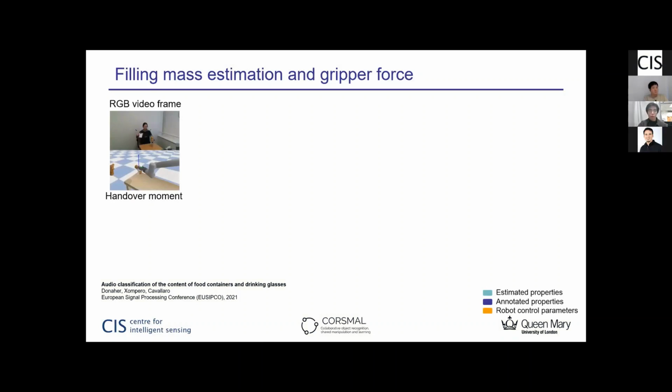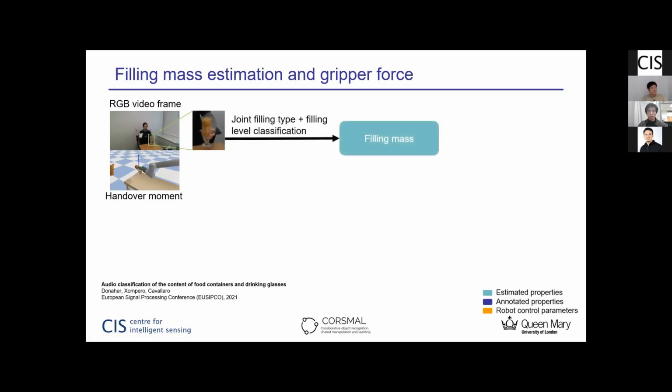We also perform filling mass estimation for the transparent containers so that the robot can have an idea of how heavy the objects are. So we train a CNN based on the bounding box of the object cropped from a segmentation mask.